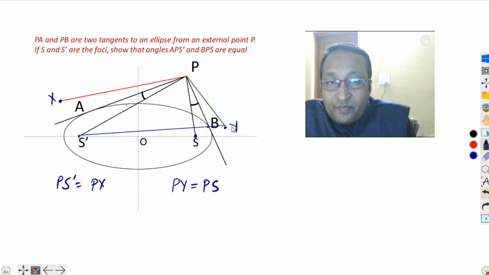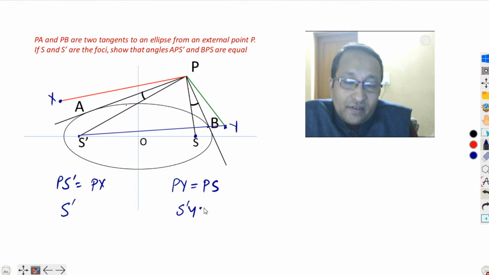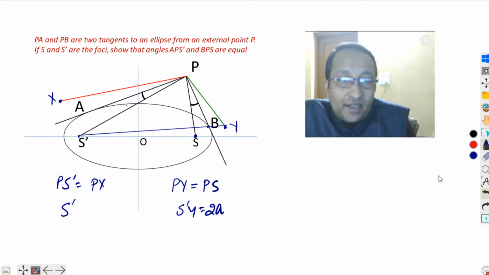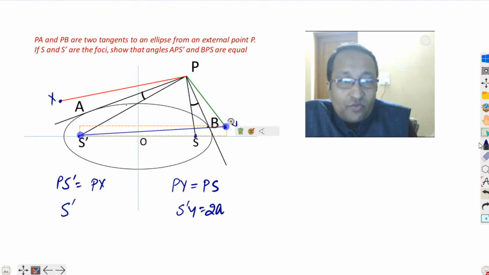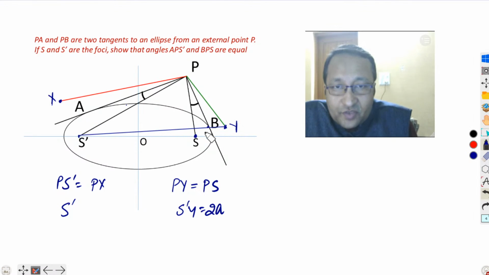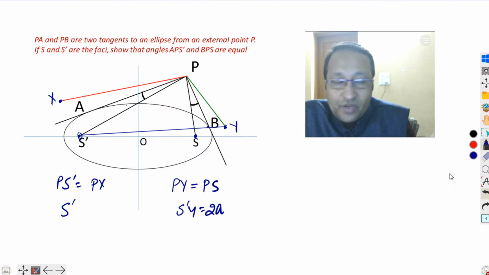So the length S dash Y is 2A. I can comfortably assume this, because we have just proved that the mirror image, the point of contact and the other focus are collinear, and this length is 2A because BS dash plus BS is BS dash plus BY, so it is 2A.